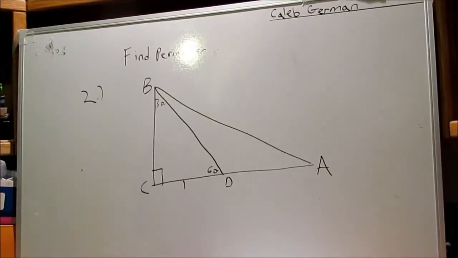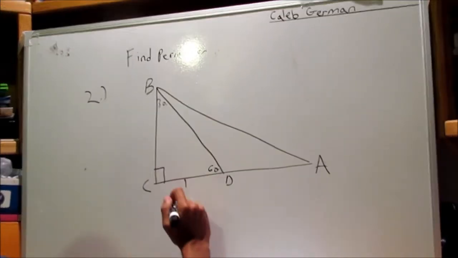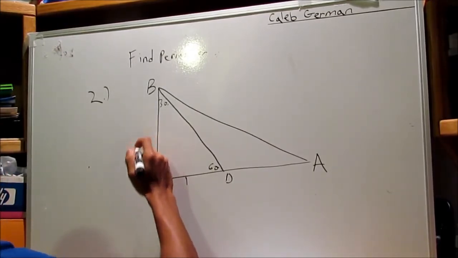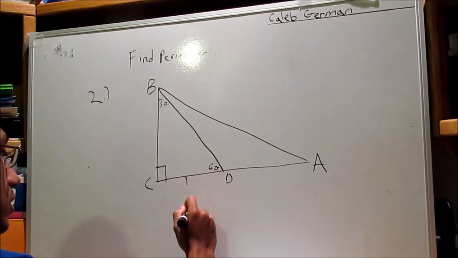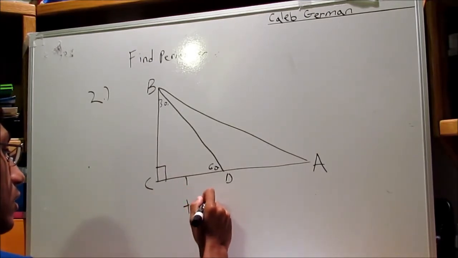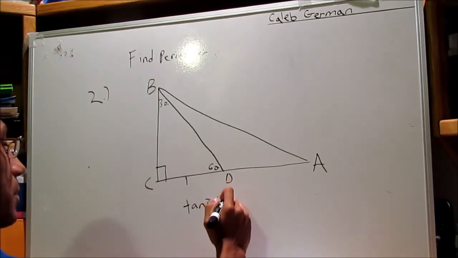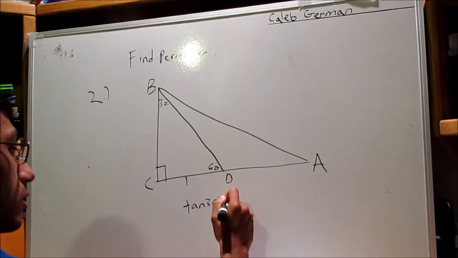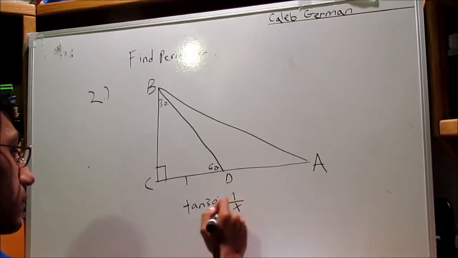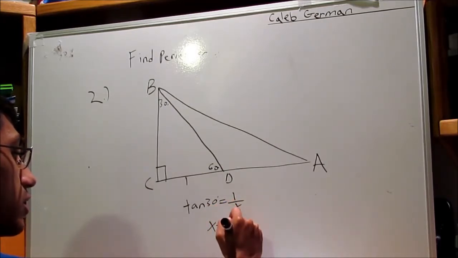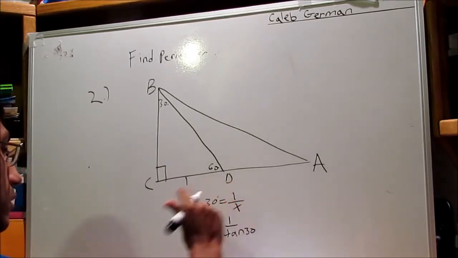Okay, now we're going to be finding the perimeter of triangle ABC using what we're given. So we could find the length of here by doing tangent of 30 degrees equals opposite over adjacent, so 1 over x, and flip this around to x equals 1 over tangent of 30.